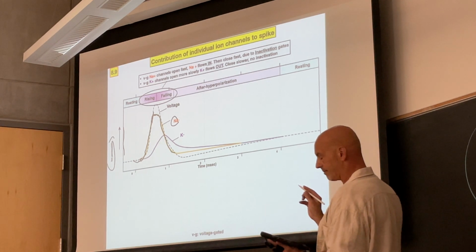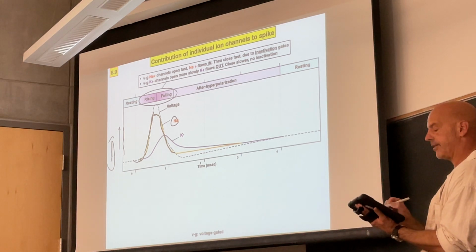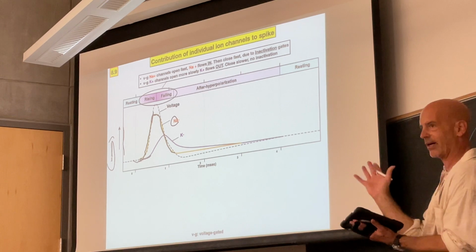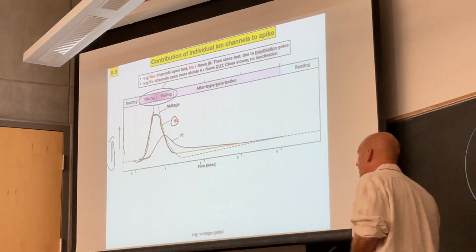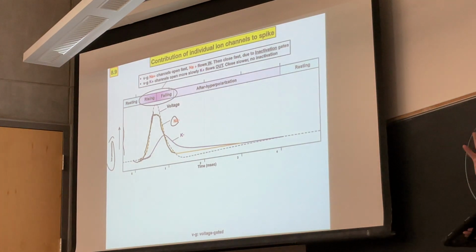At the same time, right around the same time, these voltage-gated potassium channels are opening. This is where it gets confusing. This is physiology. There's several things happening at once. This is where you gotta take things one at a time. But the key here is these gates are very slow. They're slow to open.